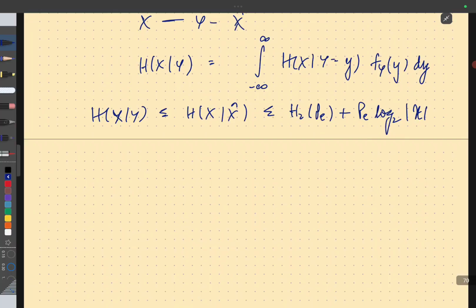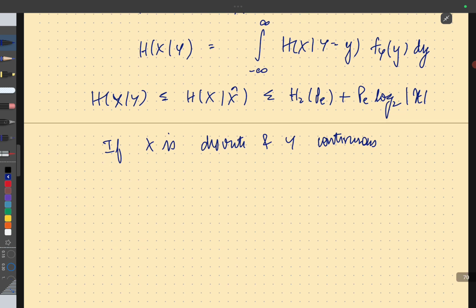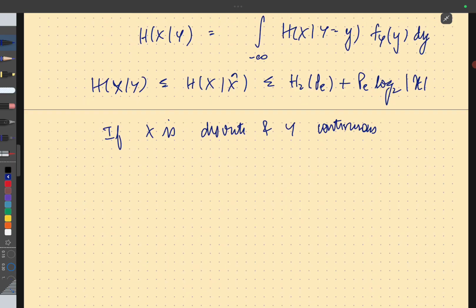So let's say that x is discrete and y continuous. For example, let's say that x is Bernoulli half and y is equal to x plus some Gaussian noise. That's a natural way where such a situation can arise.